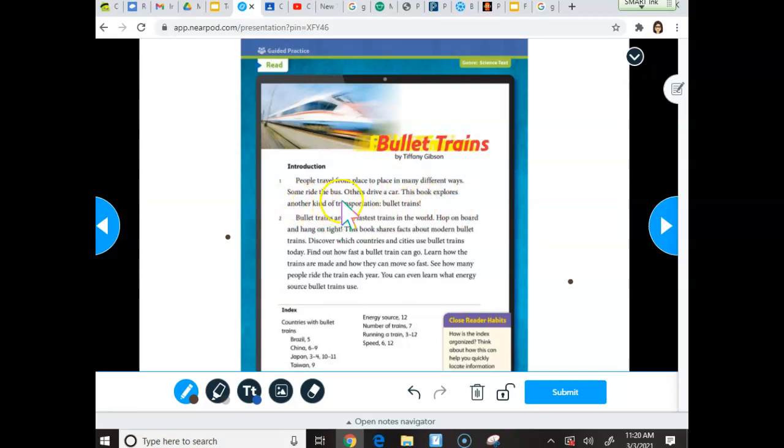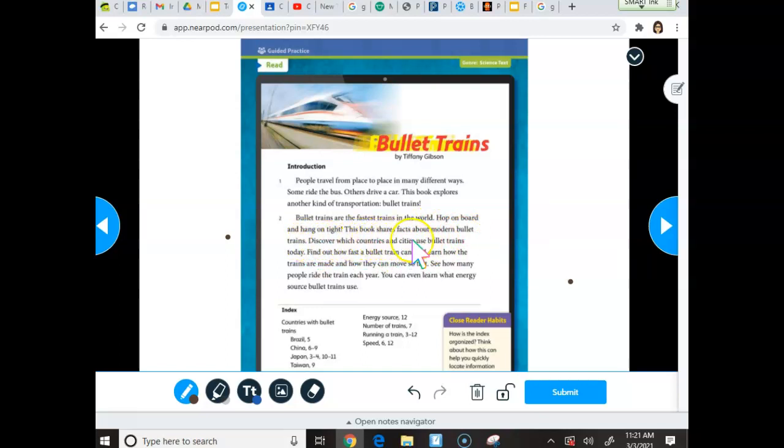Some ride the bus, others drive a car. This book explores another kind of transportation, bullet trains. Bullet trains are the fastest trains in the world. Hop on board and hang on tight.